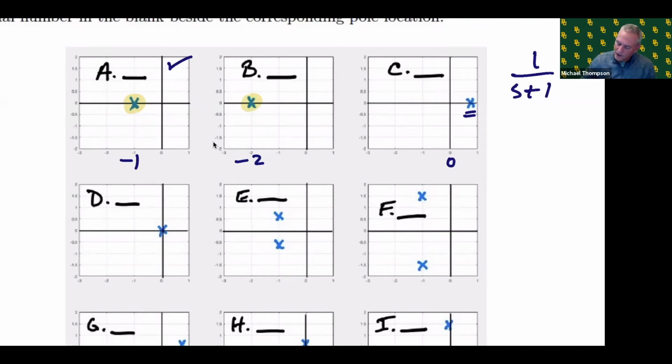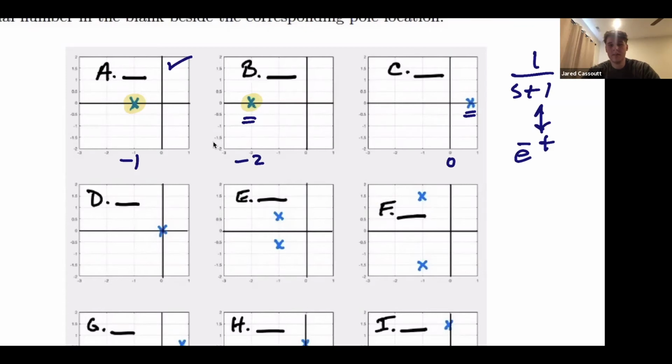And so I think of the inverse Laplace transform, it would be e to the minus t. I have that one memorized. You may not have these memorized, but okay. If I compared that to part B, what would you get? What do you think the response is? Yeah, it's proportional to e to the -2t.